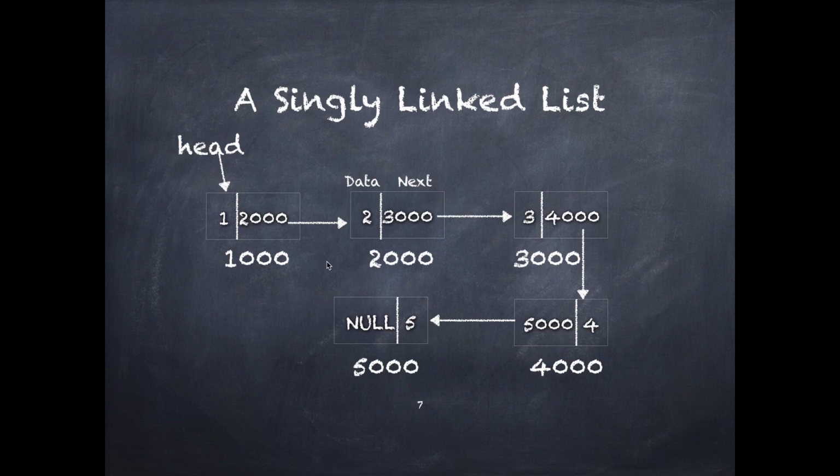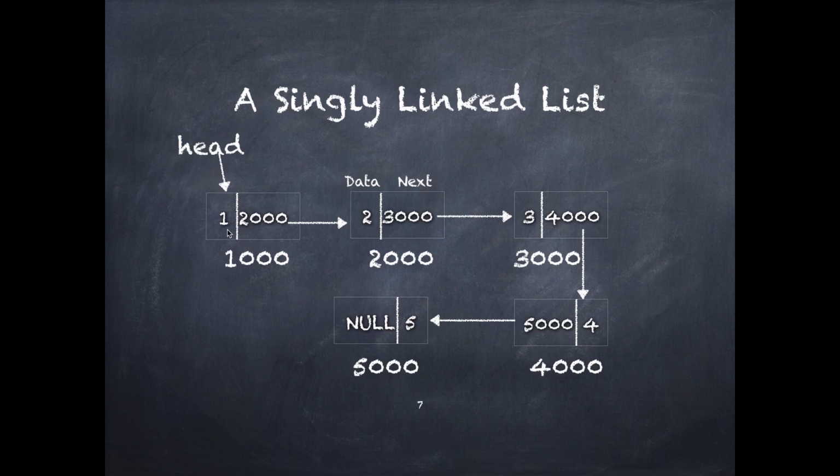As you can see, this is not a contiguous memory location. 3000 is another address, which stores the third node, then 4000, 5000. The numbers represented below the nodes are the memory addresses for those nodes. Clear? Now head is a pointer which points to the first node.